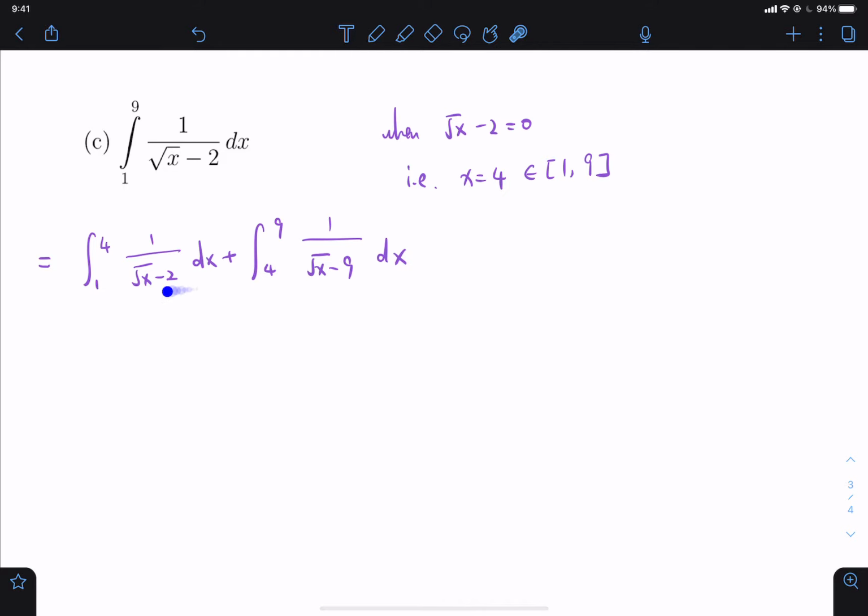So if both of these integrals are convergent, then this integral is convergent. And if either of this one is not convergent, then this whole thing is not convergent. So the idea is very simple here.